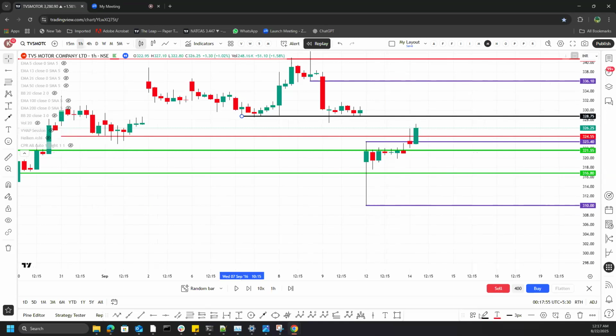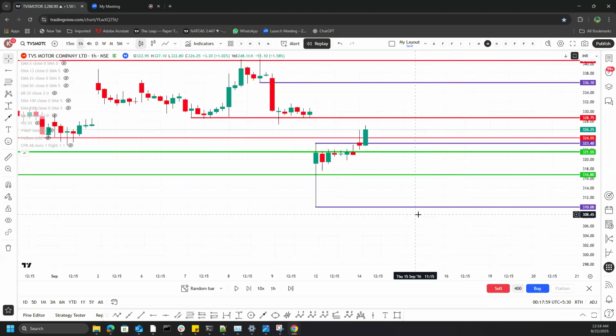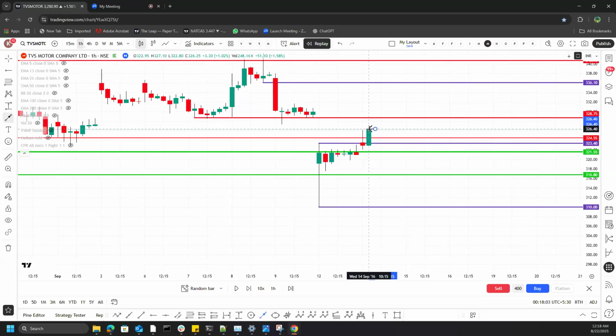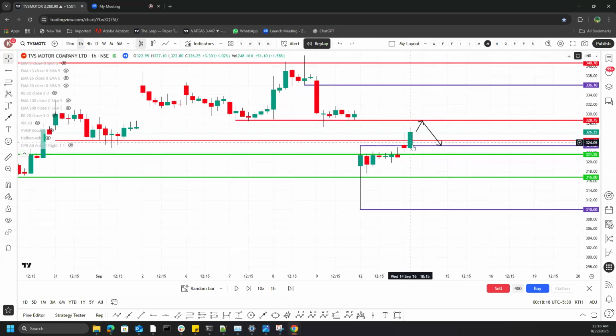Even this low is a very strong resistance, right? Now there are chances that the price can go up here, take the resistance and come back here for a retest, right? Or it can straight away break out also. We never know.